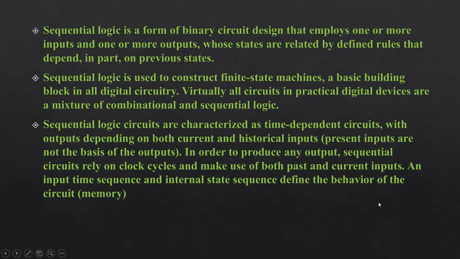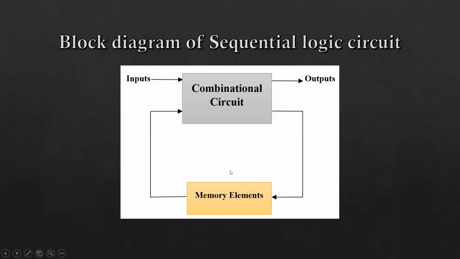And when you see the block diagram of this, you can also understand it clearly. Here the inputs and outputs are there. And also here, in addition to the circuit, memory is also there. So the function of the memory element is to save the past output.